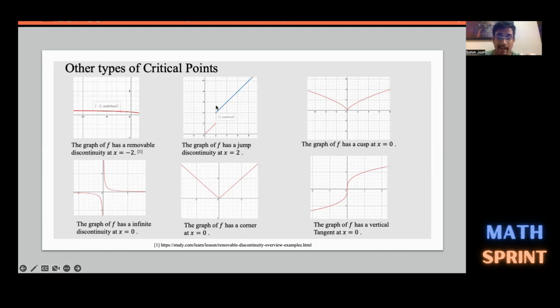But there's a jump at x is equal to 2. And this is a critical point because, again, the function is not differentiable at the point where the jump takes place. So since f dash of x is undefined, x is equal to 2, at least in this scenario, is a critical point.